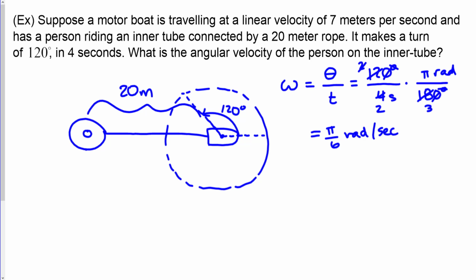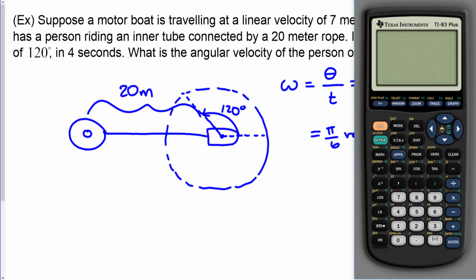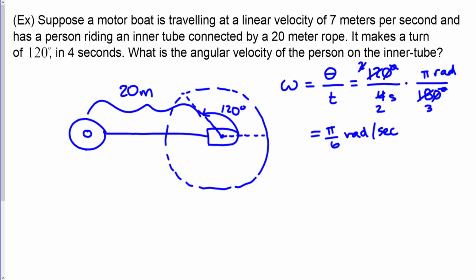And if we want to approximate that, we absolutely can. Just grab your calculator. Pi over 6 is 0.524. That's what we'll go with. So approximately 0.524 radians per second.